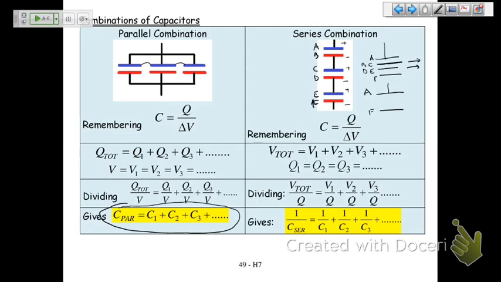A to F with the bigger gap. Does that make sense? Okay, so what counts on this is the gap. And so 1 over the capacitance in series equals 1 over C1 plus 1 over C2 plus 1 over C3. Can you see that? So you can work through the math if you want, but that's the take home.